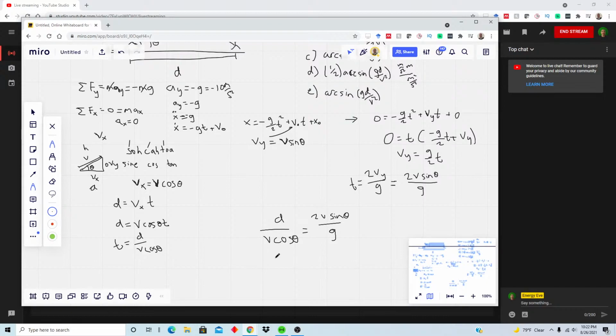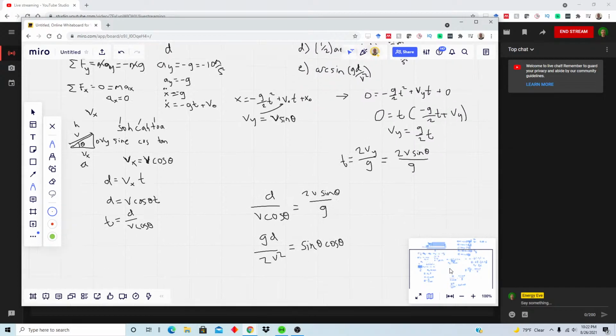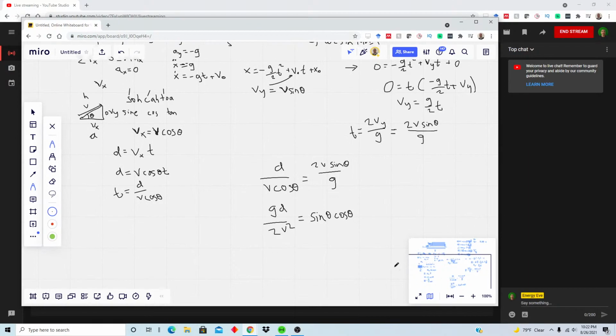And so what we end up getting is gd over 2V squared, and this is equal to sine theta times cosine theta. This is the part where I was concerned about. How the heck are we going to solve for theta? You have a sine and cosine. That's pretty confusing and a little bit weird and off-putting, to be honest.